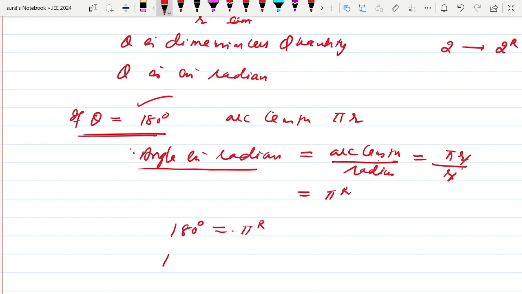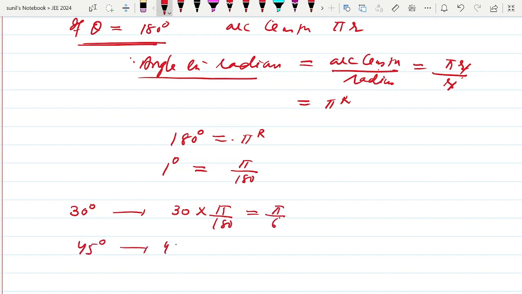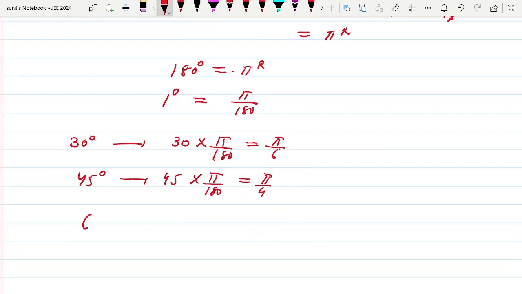So we can say that 1 degree angle is pi by 180. Suppose I want to convert 30 degree: 30 into pi by 180, so this is pi by 6 radian. 45 degree is 45 into pi upon 180, that is pi by 4 radian. 60 degree is 60 into pi upon 180, that is pi by 3 radian.